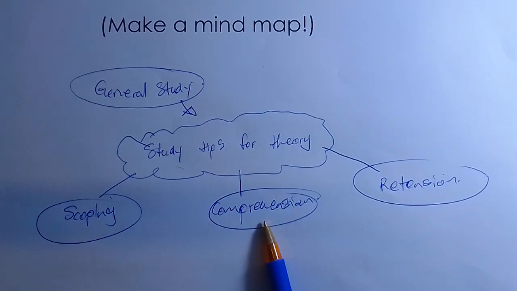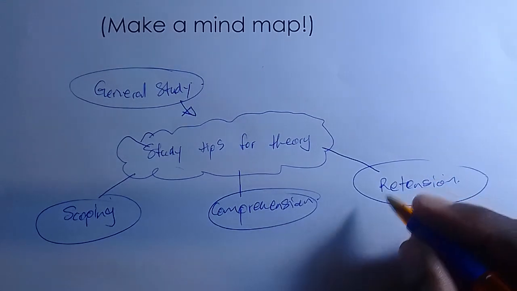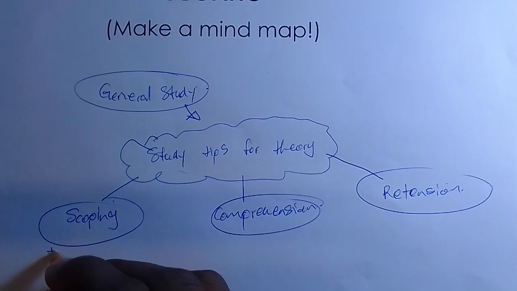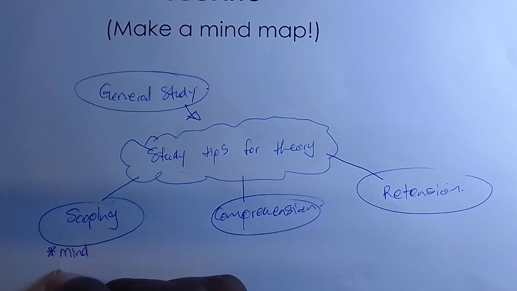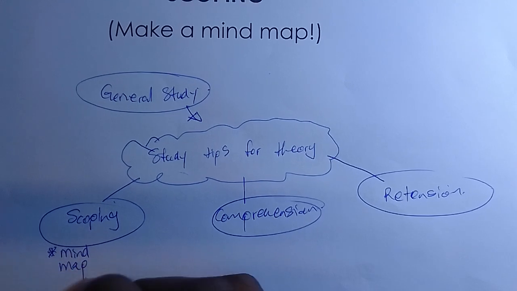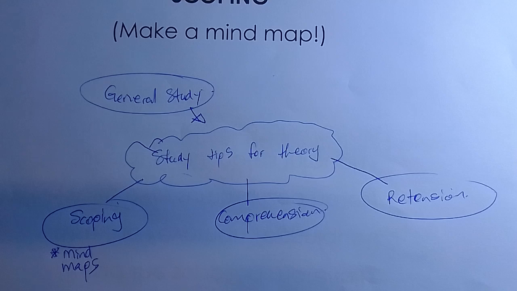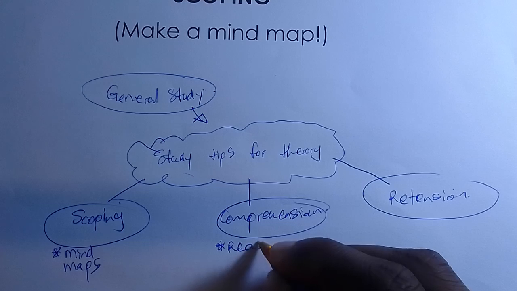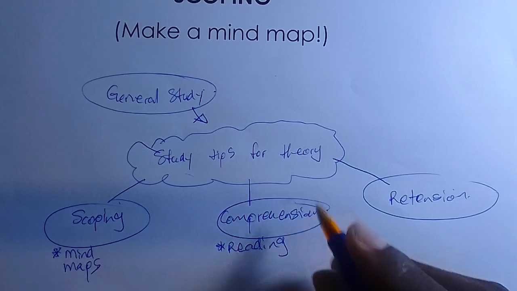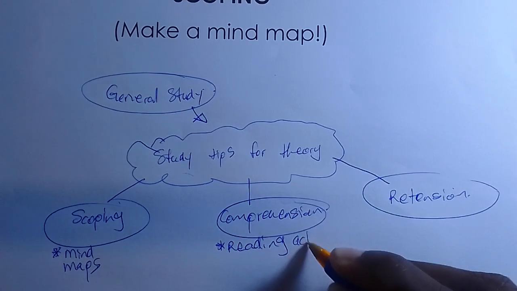Now there was scoping, comprehension, and retention. Under scoping, there was, I should do, mind maps. Then under comprehension, there was reading, but there was reading actively, not just reading.